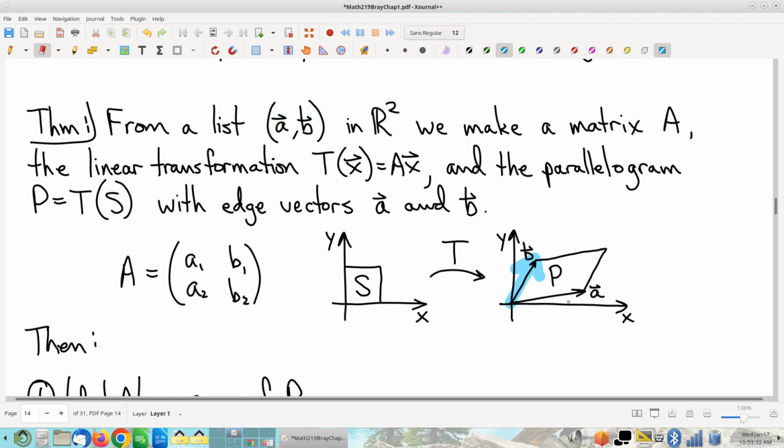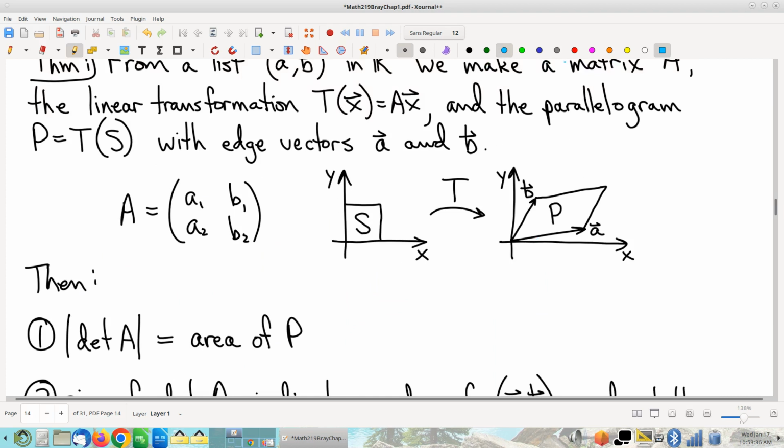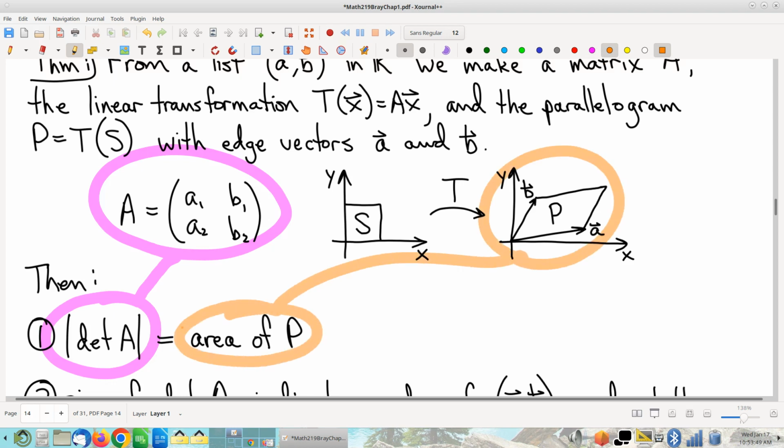So here's the first shocking result. If you look at this matrix and compute the absolute value of its determinant, that will always give you the area of the parallelogram.